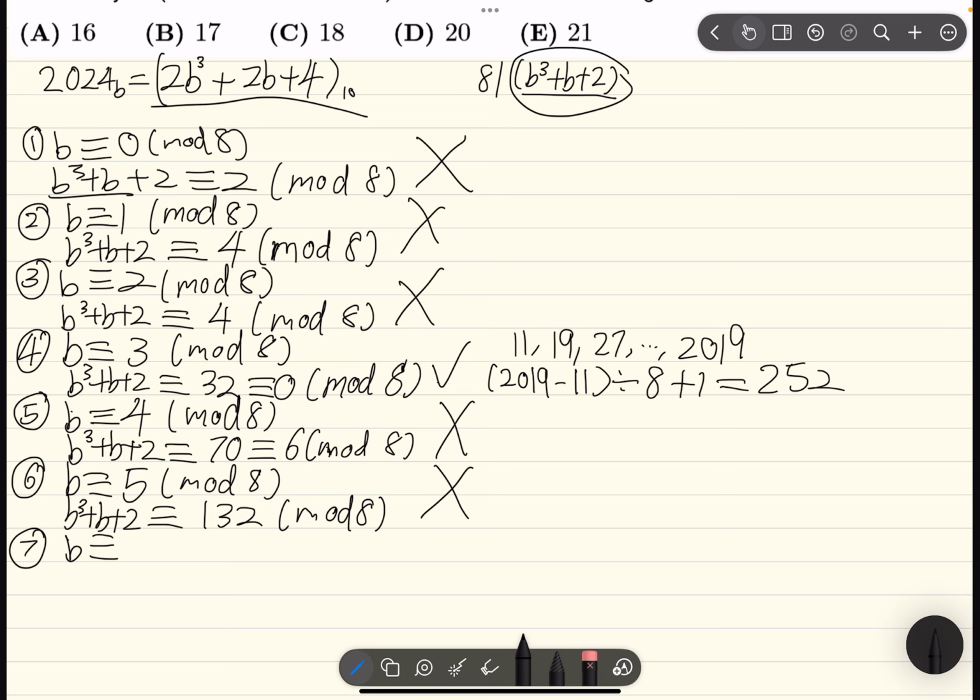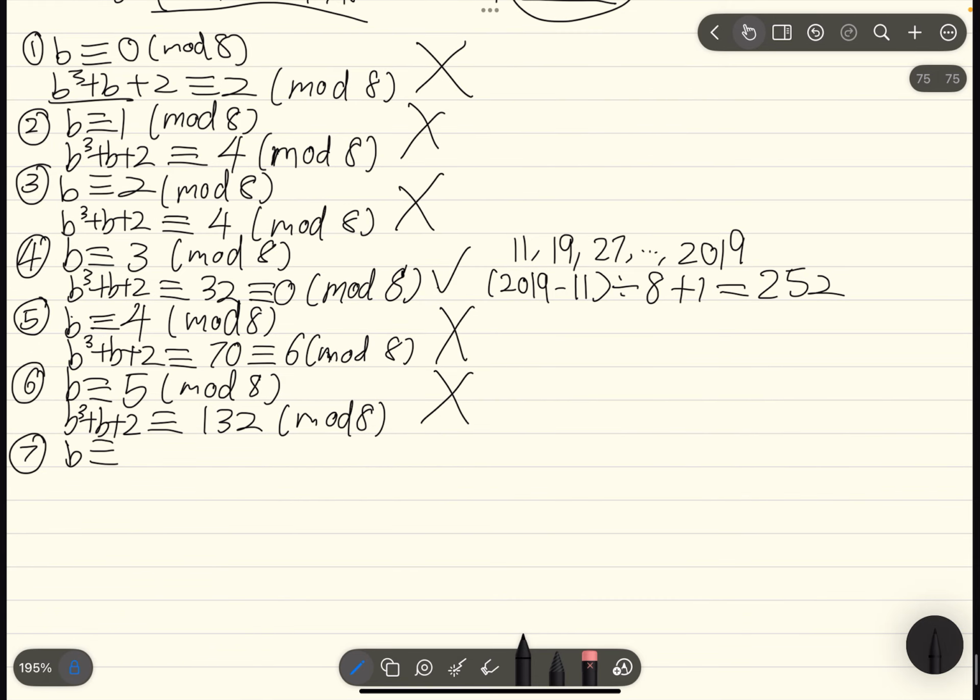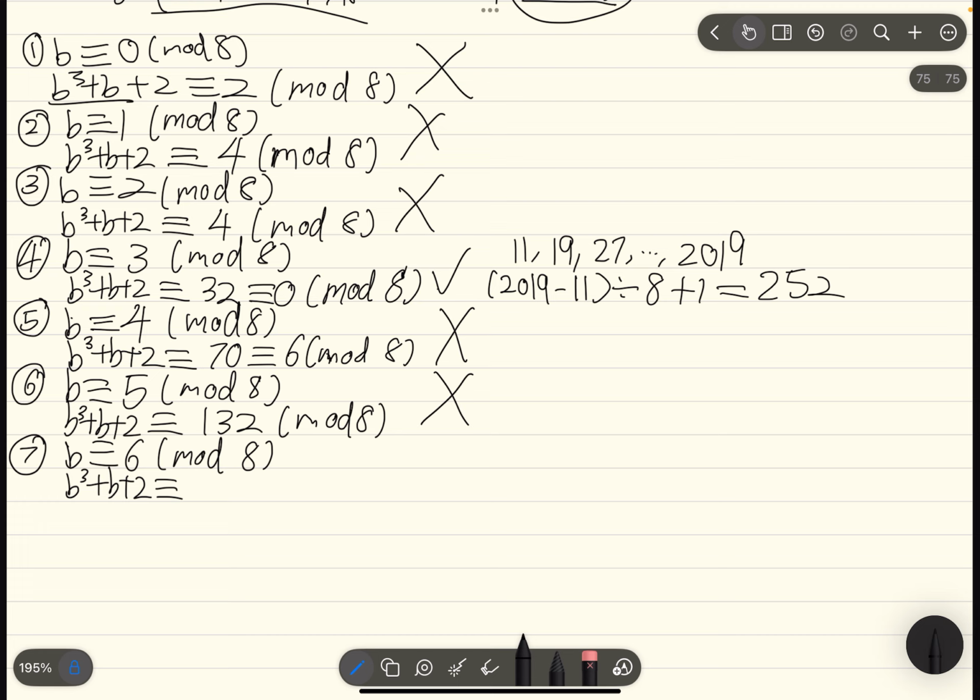Okay, last two cases here. When b is congruent to 6 mod 8, there are two ways we can do this. One, just directly plug 6 in, which is really straightforward if you don't know anything about modular arithmetic. Another way is that b is also congruent to -2 mod 8, because 6 minus 8 is -2.